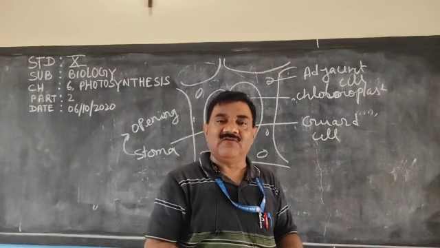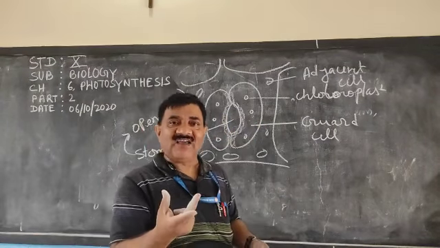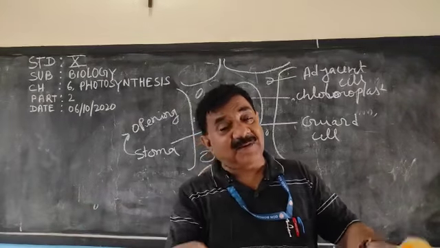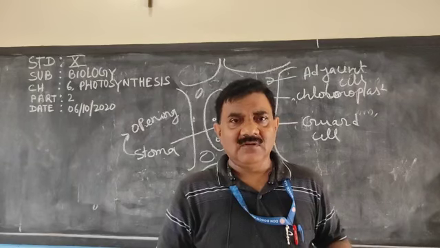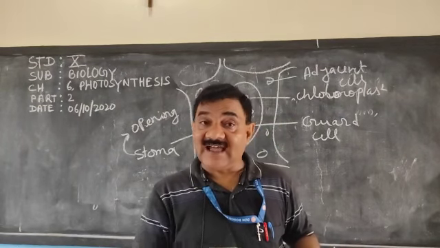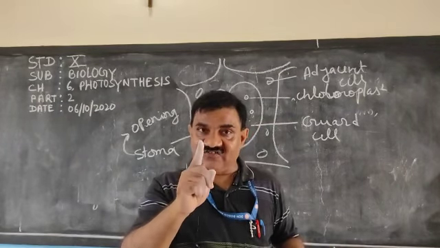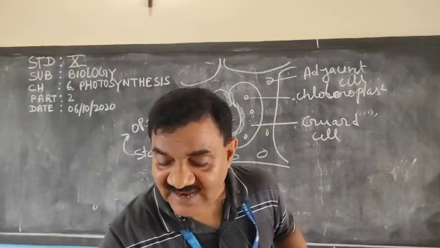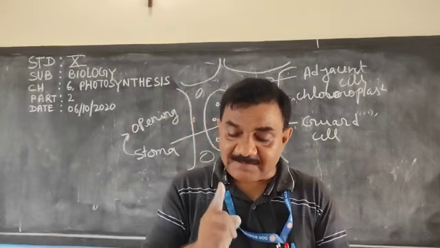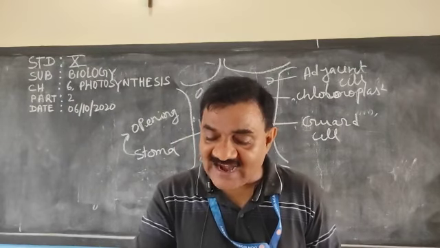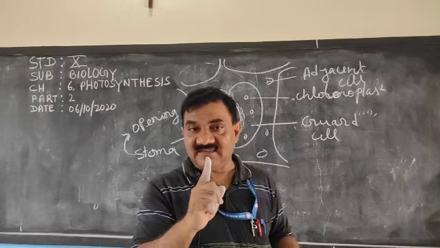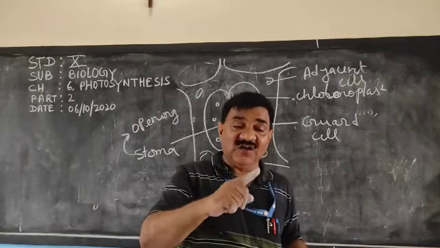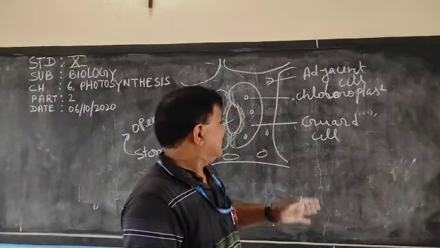And in the meanwhile, what happens when the stomata opens? Carbon dioxide will go out and the water vapor will also go out. By which process? That process is transpiration. So one very interesting line is that transpiration is the price which the plant pays for photosynthesis.